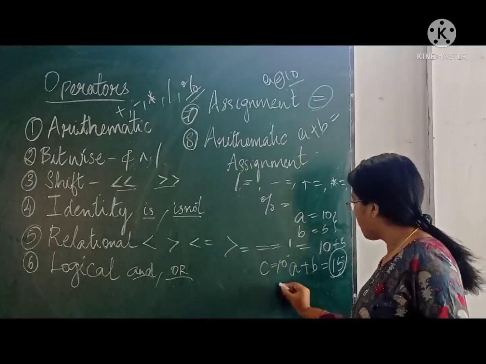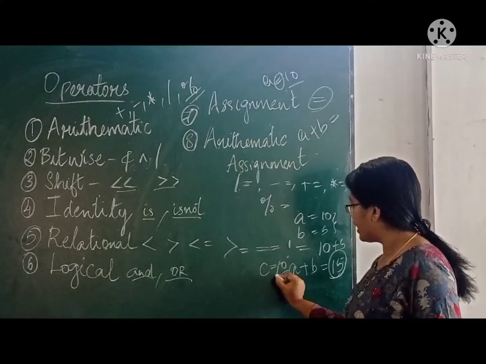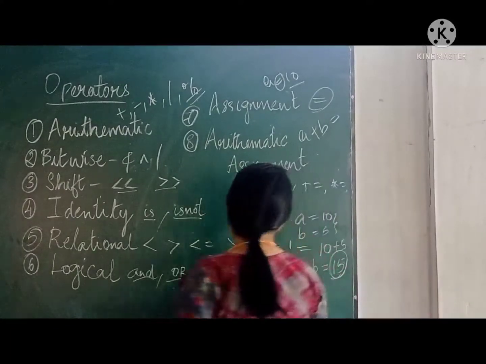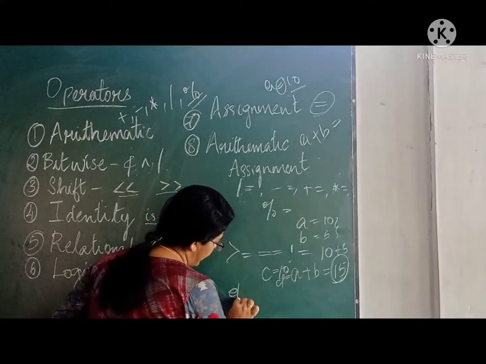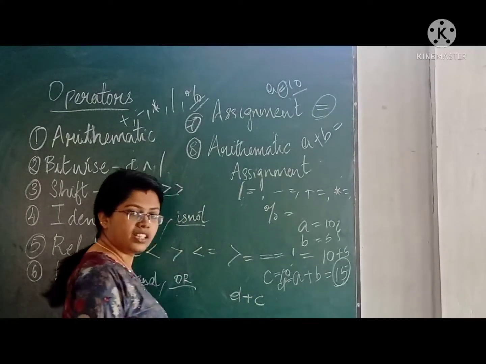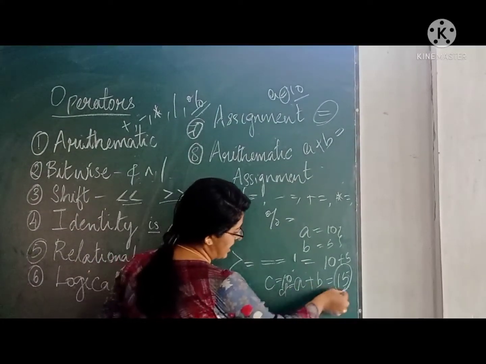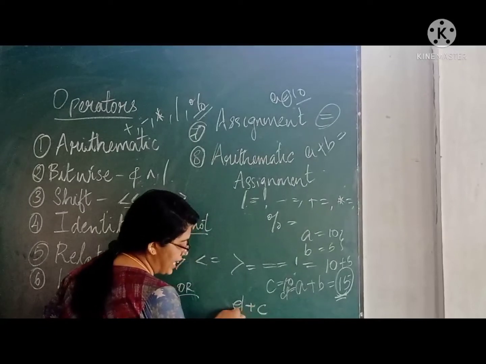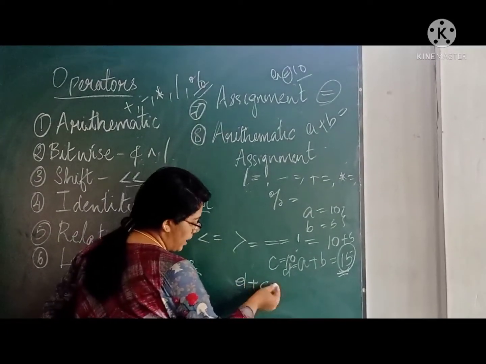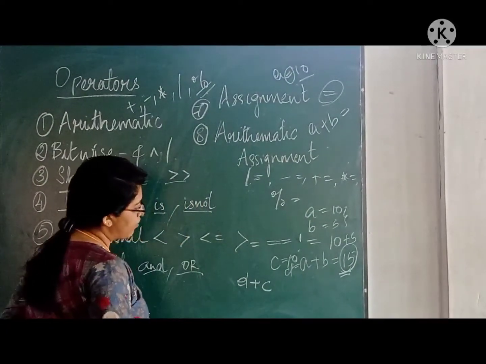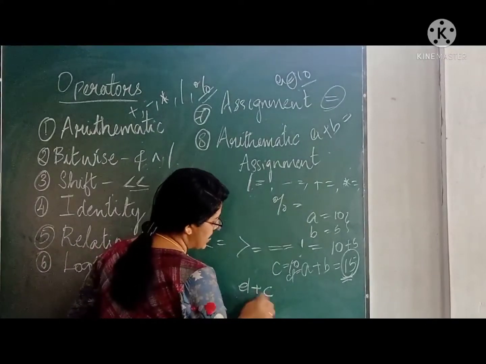So what is the step? This value is held in D. So I want to add the value D plus C. What is the value in D? It is 15. I want to add D plus C, and I want to store that value in C itself.